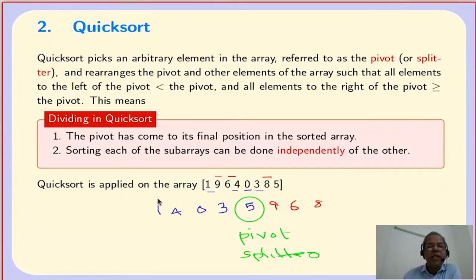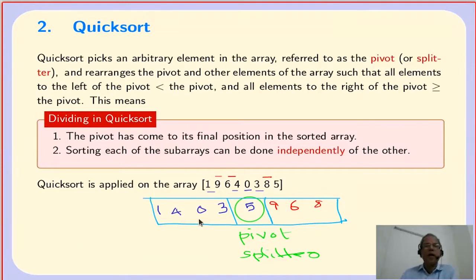We say that the array has been partitioned. Left subarray, pivot, right subarray. The left subarray is less than the pivot. The right subarray is larger than or equal to the pivot.